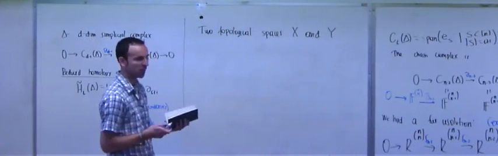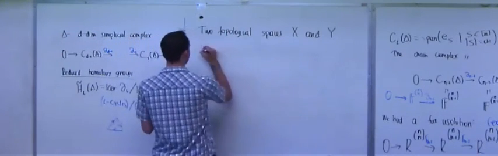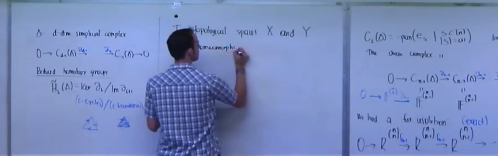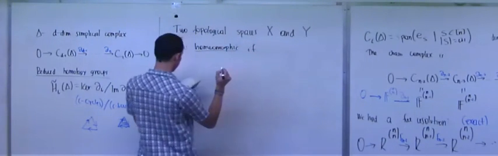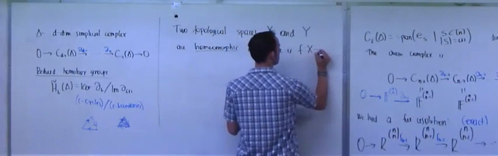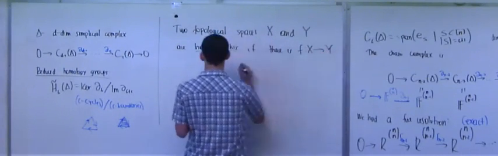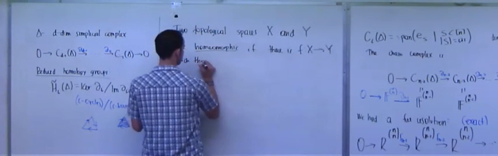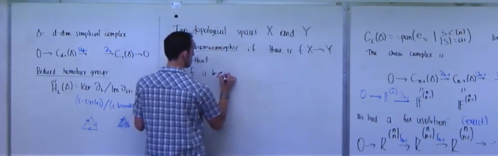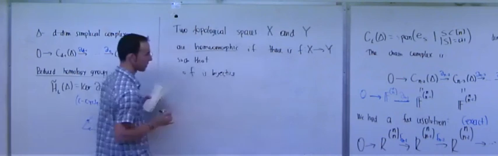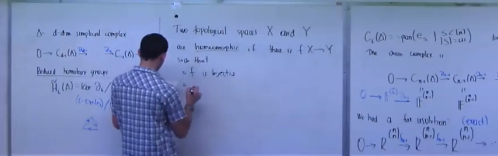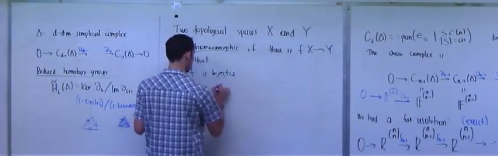So two spaces X and Y are said to be homeomorphic if there is a function that takes the first one to the second one such that, first thing, f should be bijective. Okay, so it's a one-to-one mapping between the points in X and the points in Y. The function should be continuous.